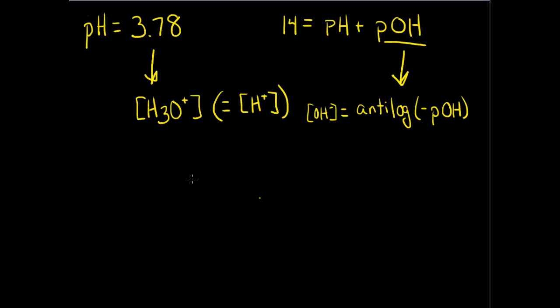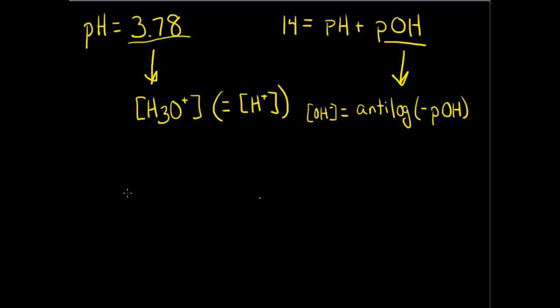The last thing that you need for that table is whether the solution is an acid or base. And that always comes down to pH. If you're below 6.9, you're an acid. If you're above 7.1, you're a base. So for our first row, that would be an acidic solution.